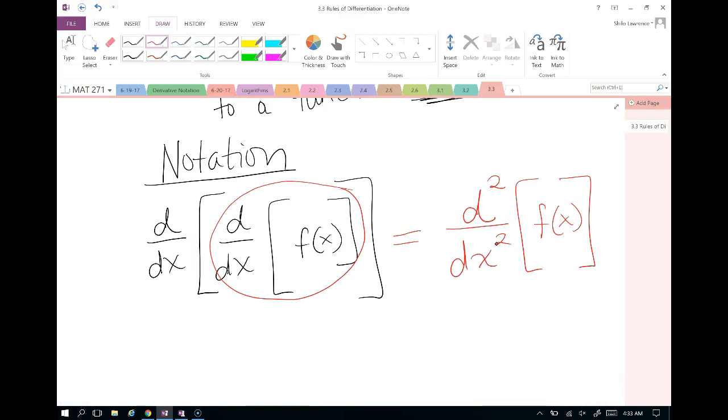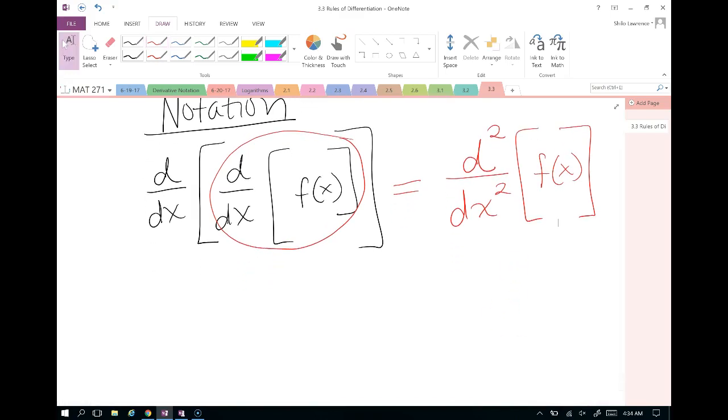Now you can't jump straight from the original function to the second derivative. You have to do each derivative one at a time in order to progress through your derivatives. So this is if we use the d dx notation. If we use the function notation, we would just add a second apostrophe.